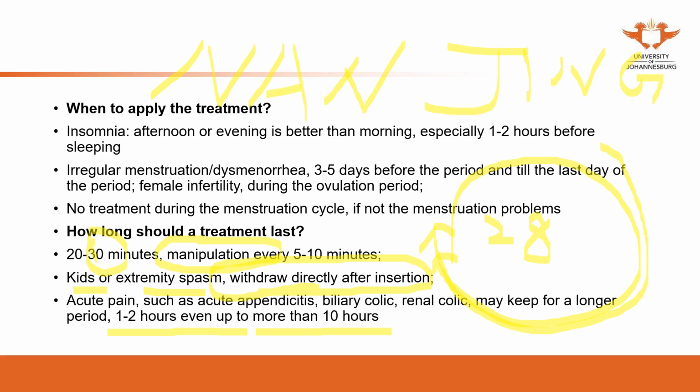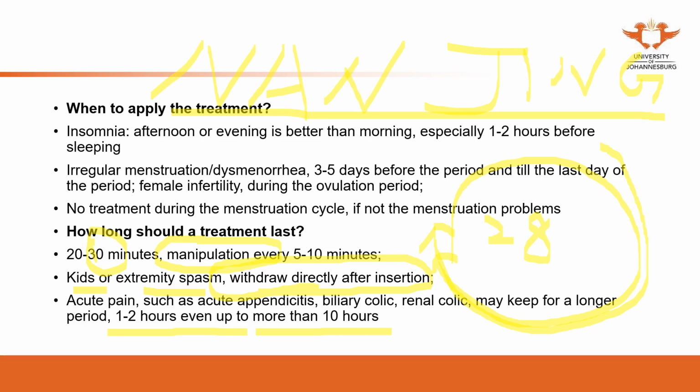It is described in the Nanjing that the qi travels through the meridians 25 times during the day and 25 times during the night. Which means in one day and night, 50 times per day.